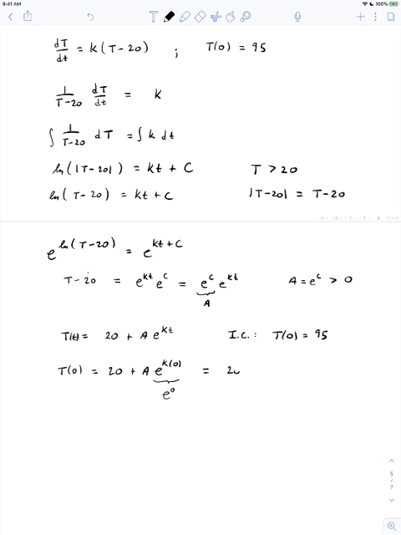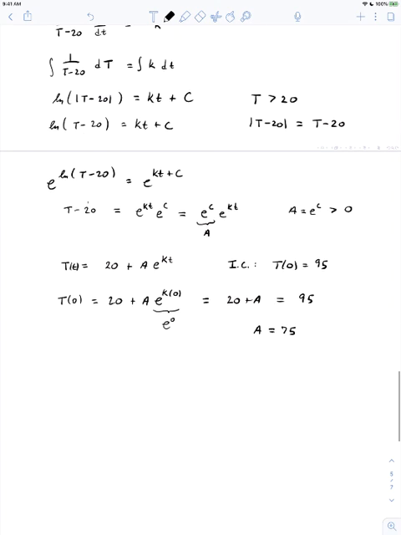So this is 20 plus A times 1. And this needs to equal 95. So that tells us that A is 75. So that tells us that the solution to our initial value problem is T of t is equal to 20 plus 75 times e to the kt.